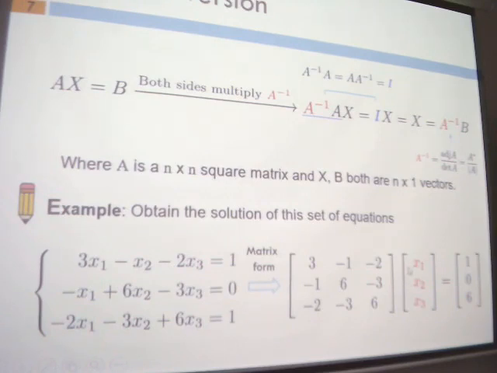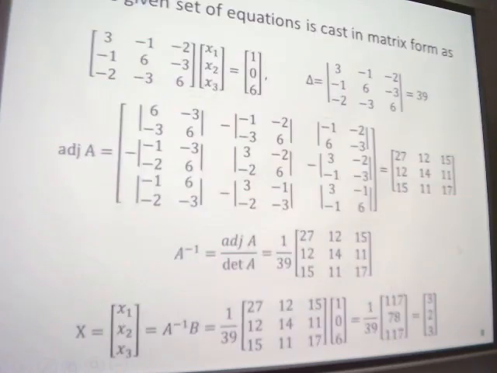And take the unknown variables x1, x2, x3 in this vector, and put the constants on the right-hand side. The given set of equations is cast in matrix form like this.